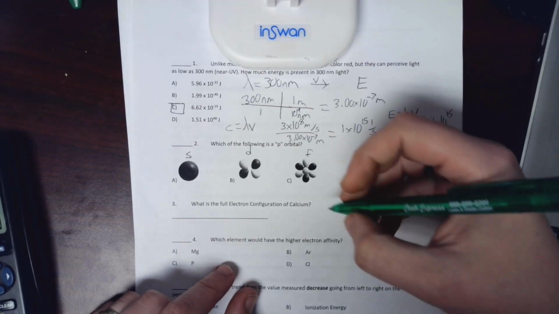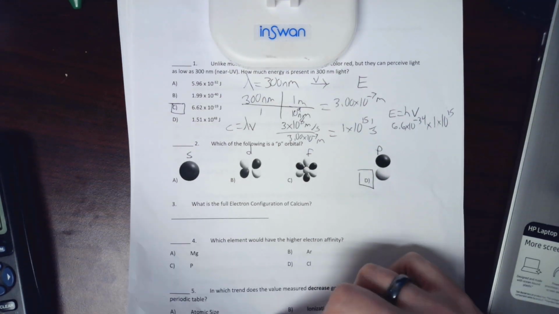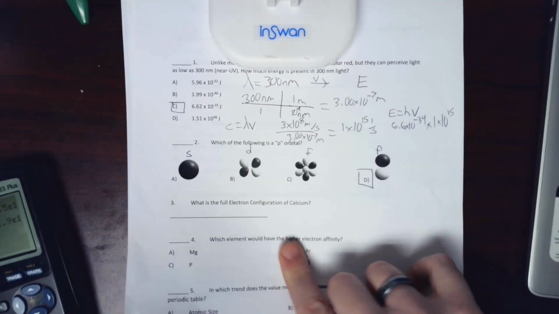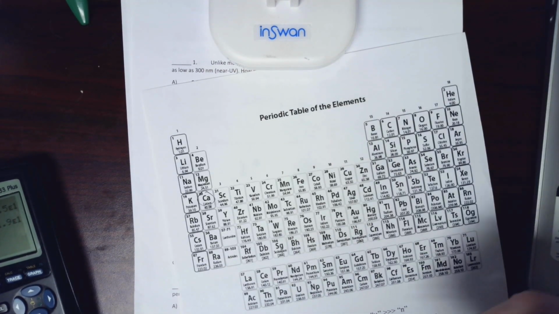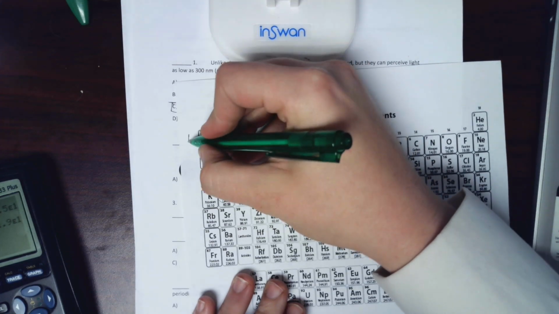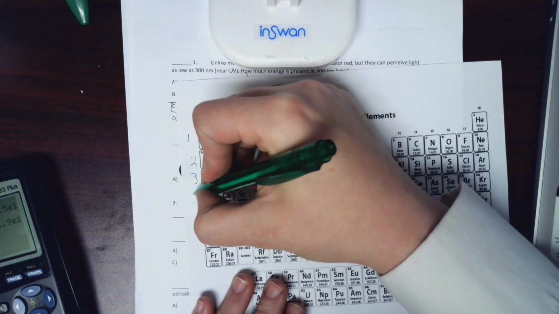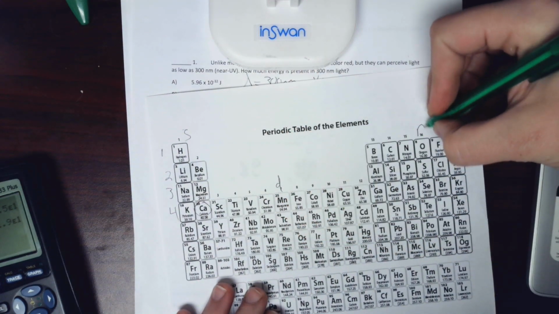Now, what is the full electron configuration of calcium? You can use the periodic table to figure this out. Calcium is right here. So if there's row 1, here's our s, 2, 3, 4. Here's our d, there's our p.